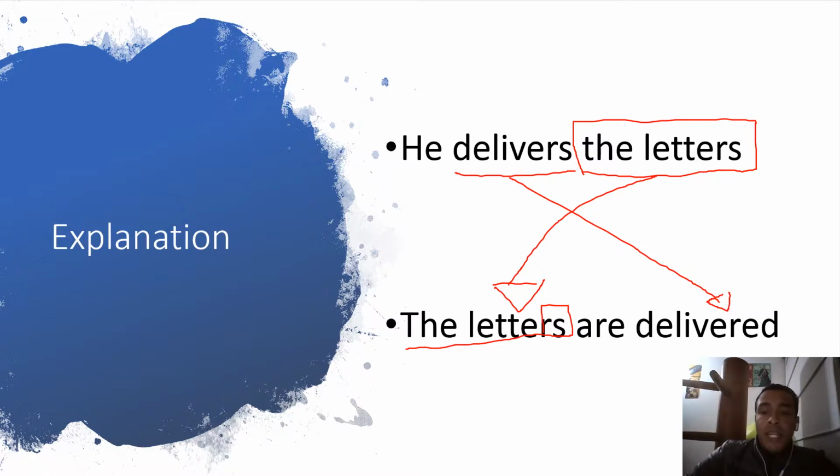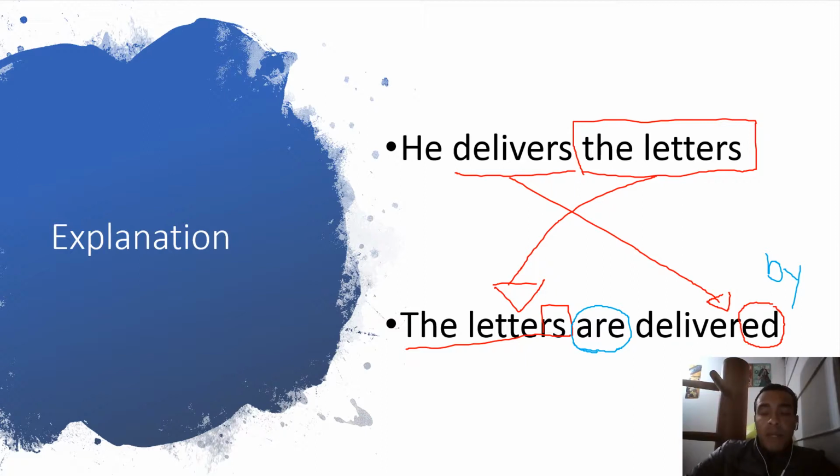"Delivered" is a regular verb, so we only use -ed. And then we use the verb to be that we are always going to use in the passive voice. Plural, letters, so I use "are." And now if we want to mention who did the action, okay, we can use "by."